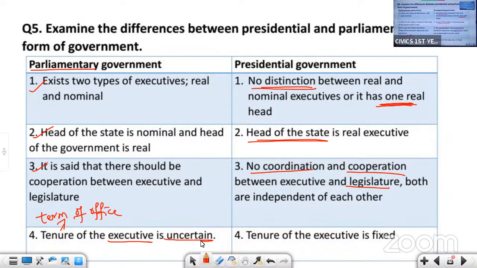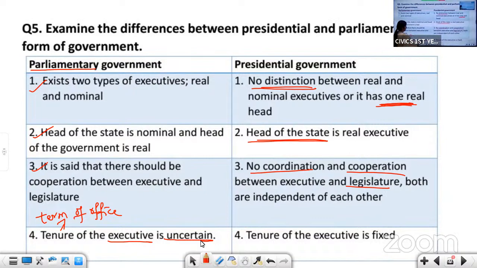There is no guarantee about it. After no confidence motion is passed, the prime minister will lose his powers. He has to resign, and again the elections are conducted. So the term of office is not guaranteed.